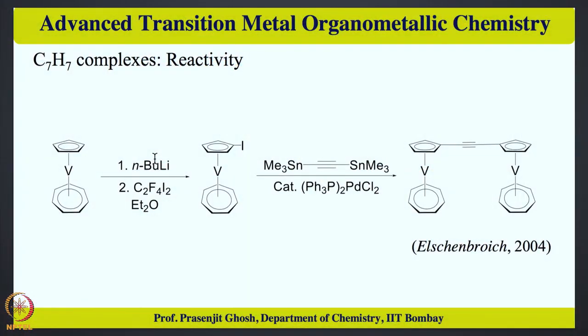Okay. Now, another nice example of this lithiation chemistry on the Cp ring is shown over here, and in this case there is an iodination reaction which has been achieved for the compounds using C2F4I2 reagent, and we are going to be discussing this over here.